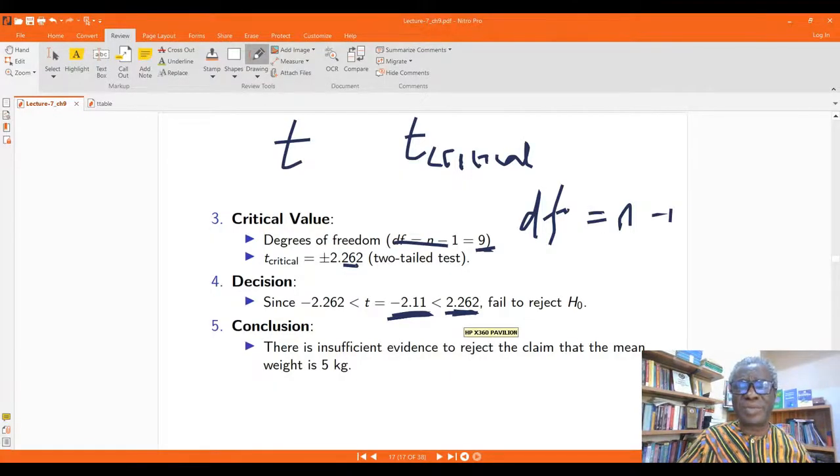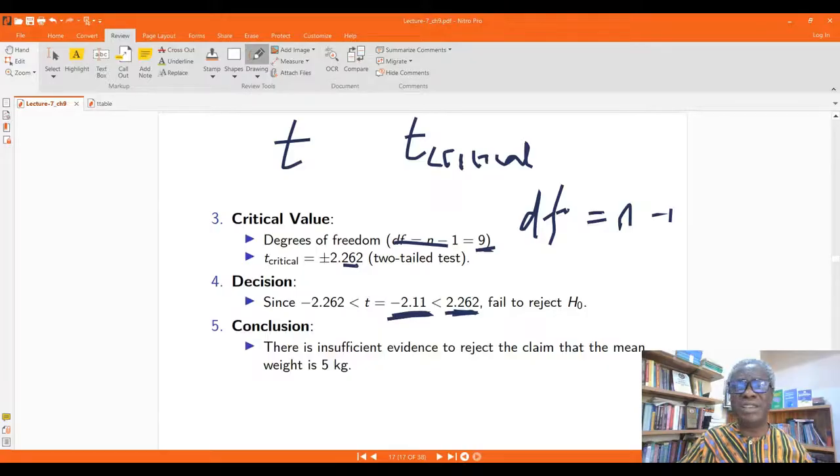So we fail to reject if the computed T is less than the critical T.